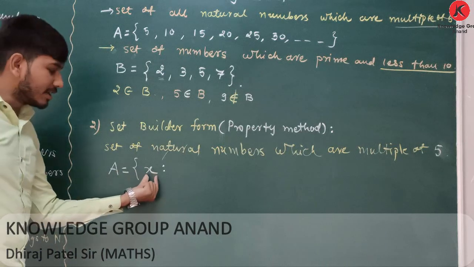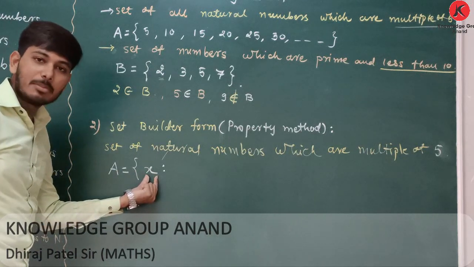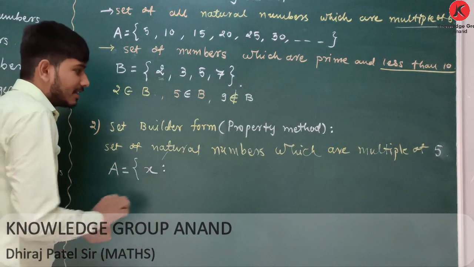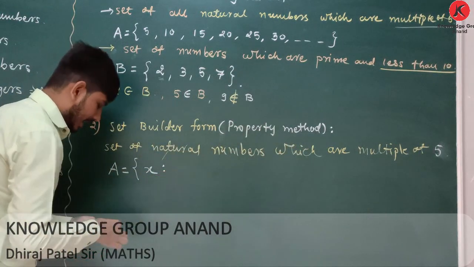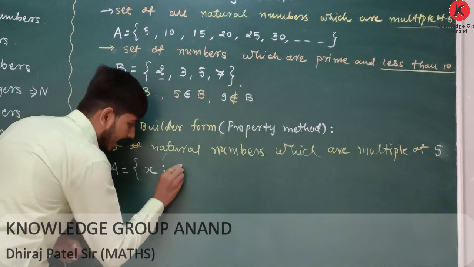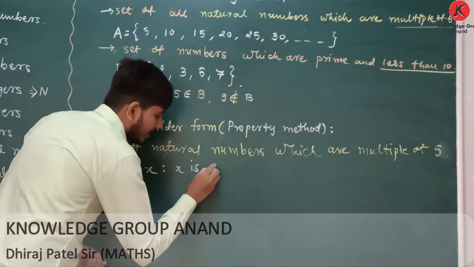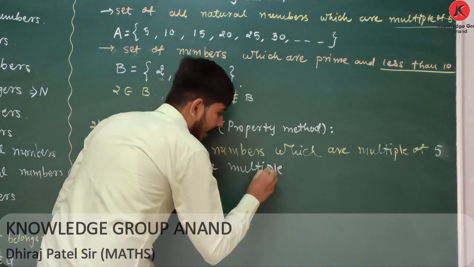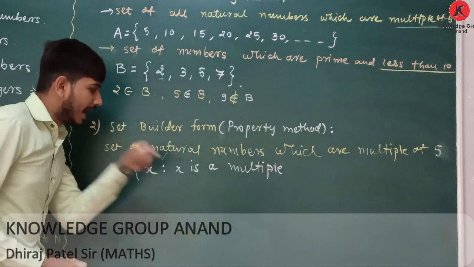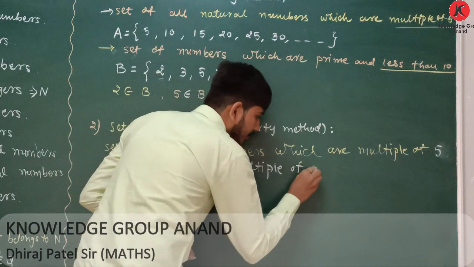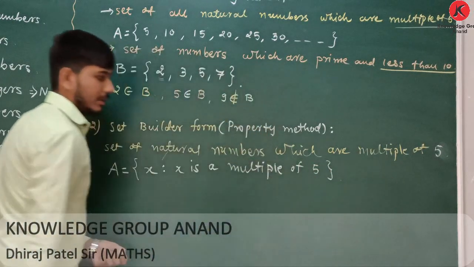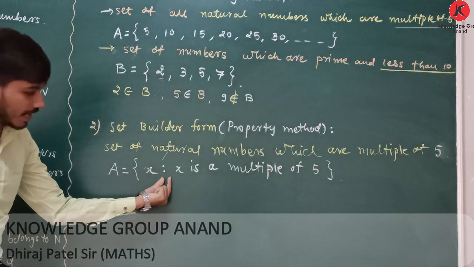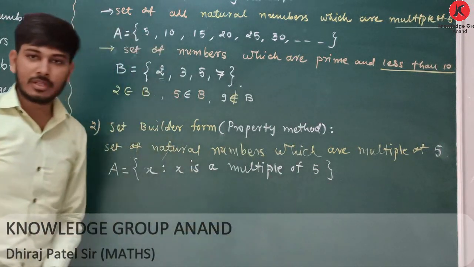So first of all, consider the variable x such that, now write the property. What is the property? x is a multiple of 5. x is a multiple of 5. Clear? Curly bracket close. x such that x is a multiple of 5.